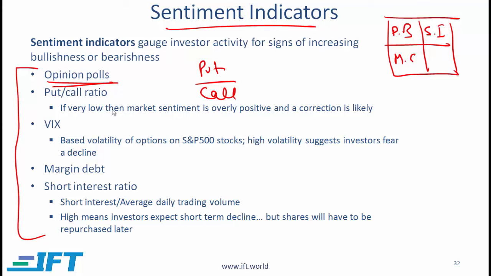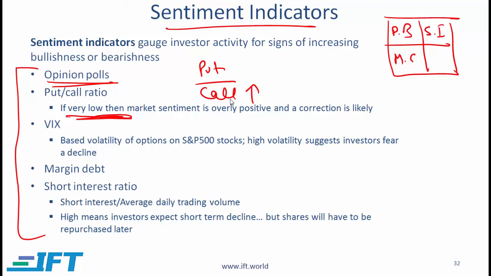Now if this ratio is very low, then what that means is that people have bought a lot of call options, so this denominator is high, and the number of put options is small, which means that the market is extremely bullish, or the market is expecting the stocks to go up.